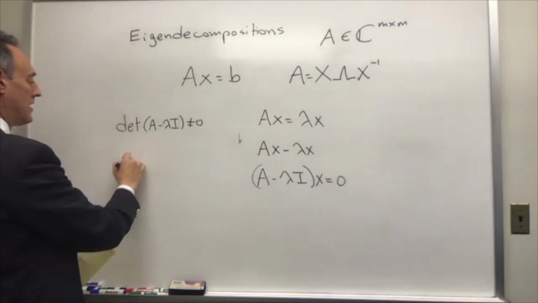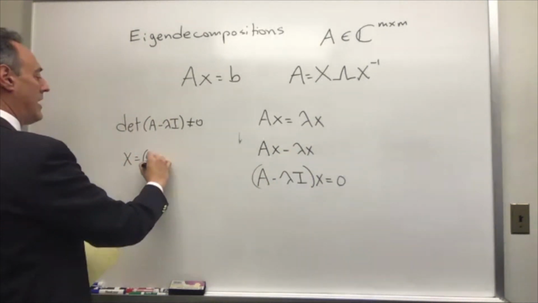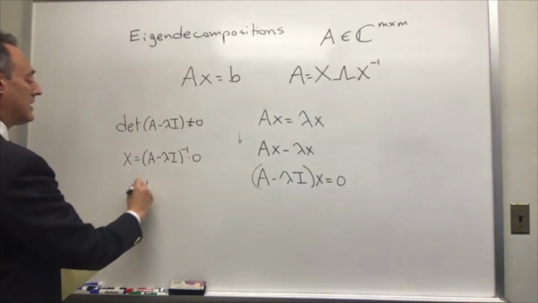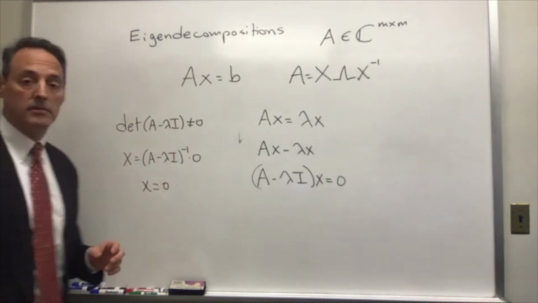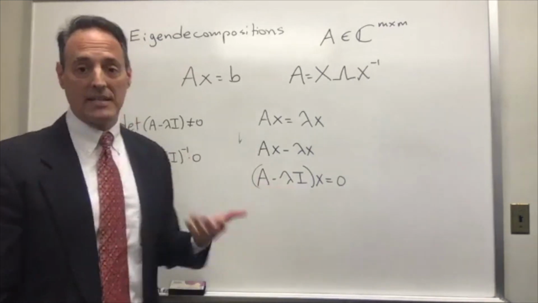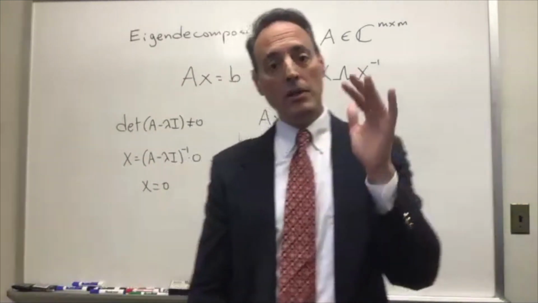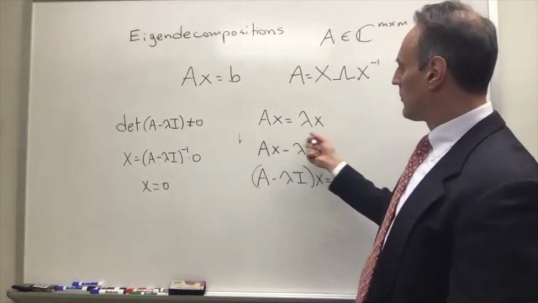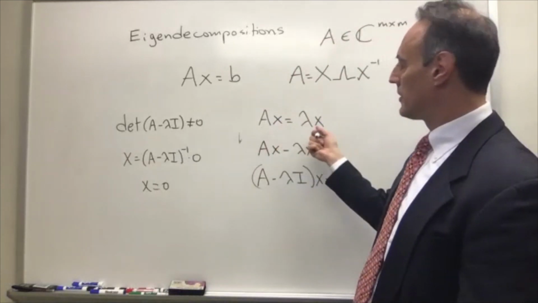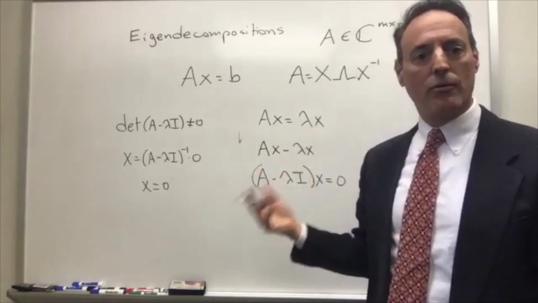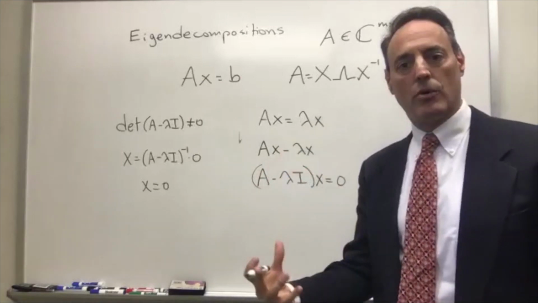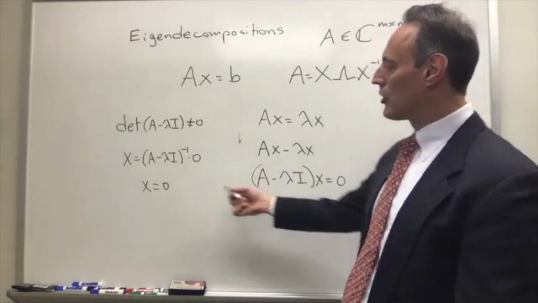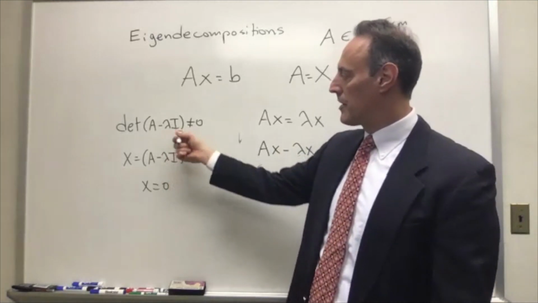Then the solution is x equals (A minus lambda I) inverse times 0. So x is equal to 0. So as long as this thing has an inverse, my only solution is 0. Of course 0 is a solution, but what I'm looking for is an x that's not 0, a non-trivial solution. Okay? And that can't occur if the matrix is non-singular.